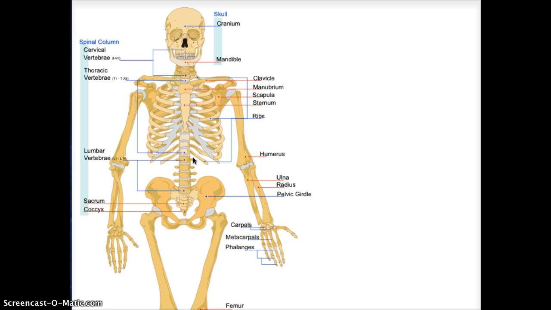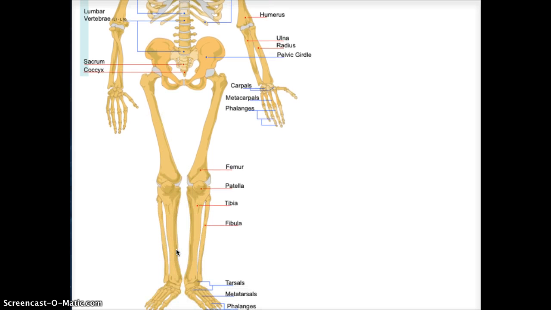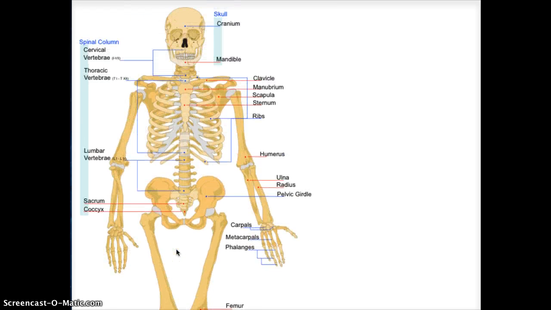And then the appendicular skeleton would be the pectoral girdles, here and here, and then your pelvic girdle, and then of course your arms and legs and how they're attached. So let's see, on Thursday, I believe I'll have the classroom skeleton out.